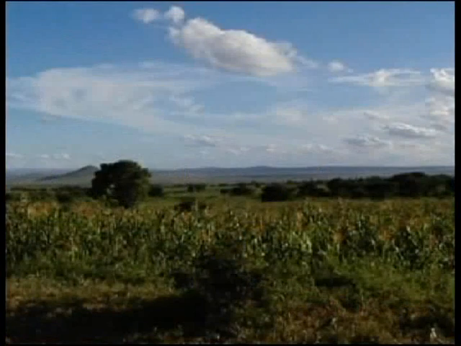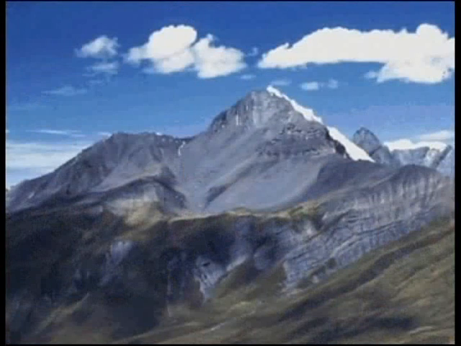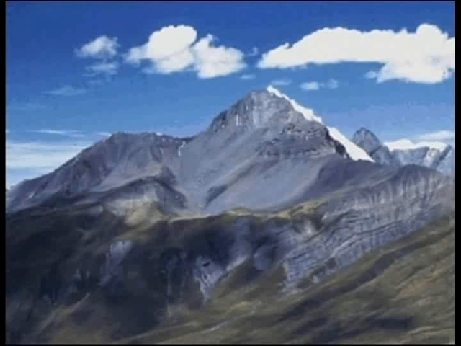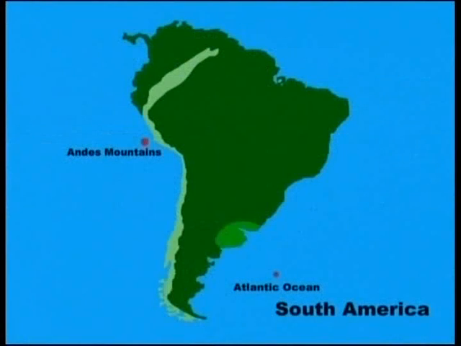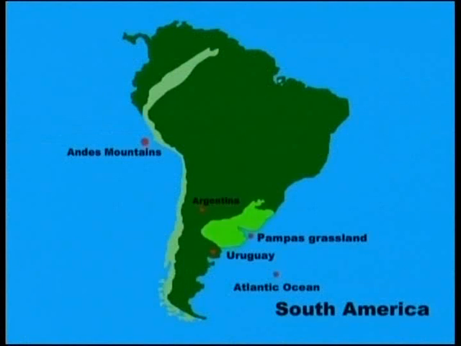The weather here is generally mild, with summers being pleasant and cool. The Pampas grasslands include most of northern Argentina, western Uruguay, and the southernmost part of Brazil.